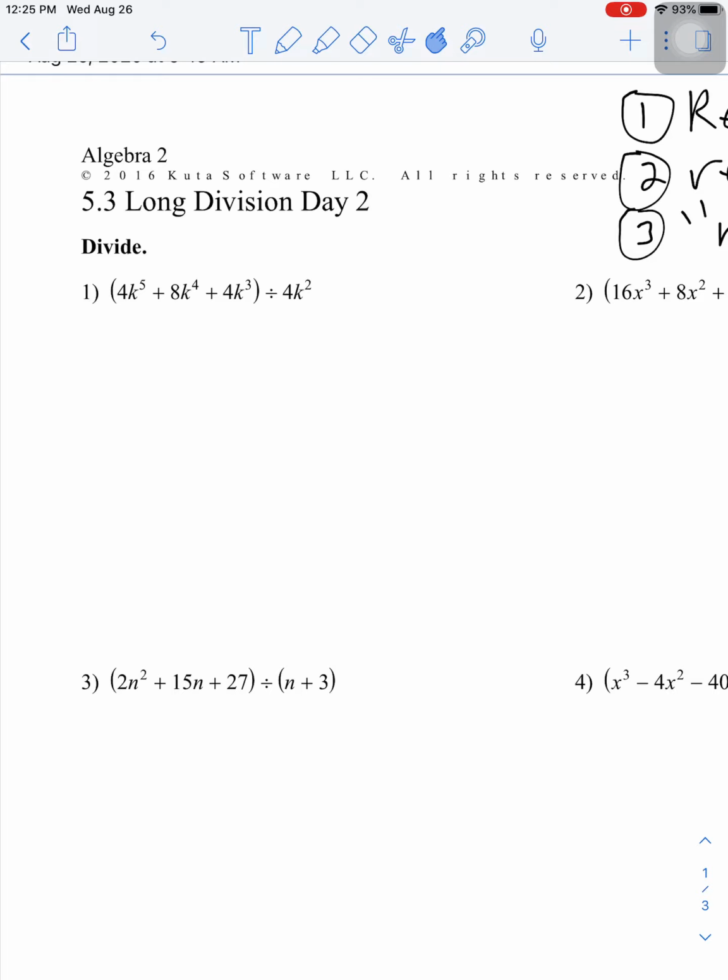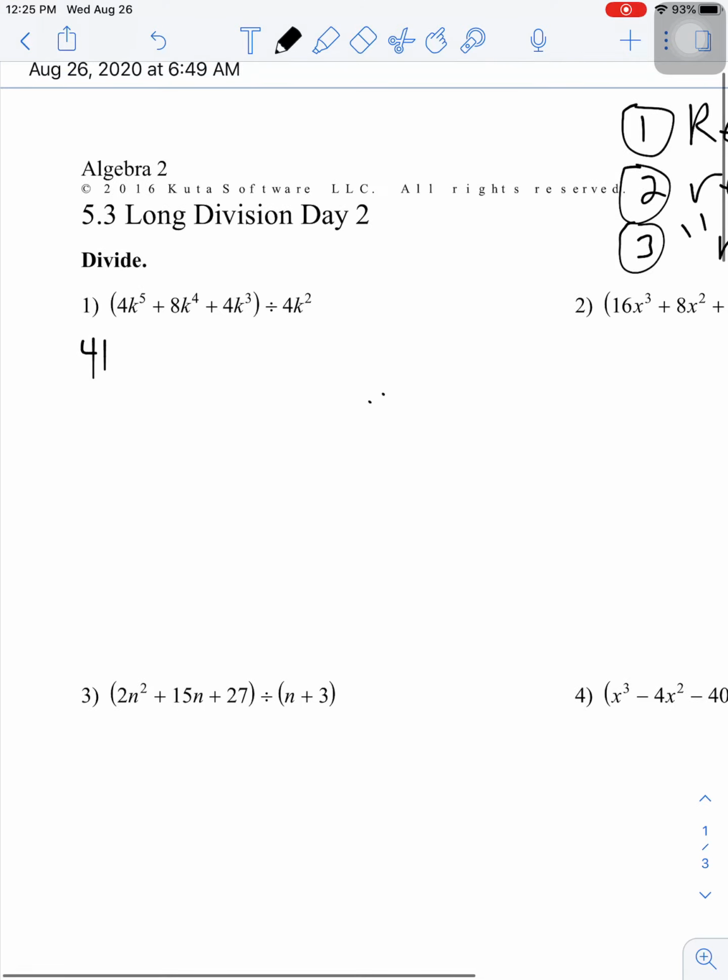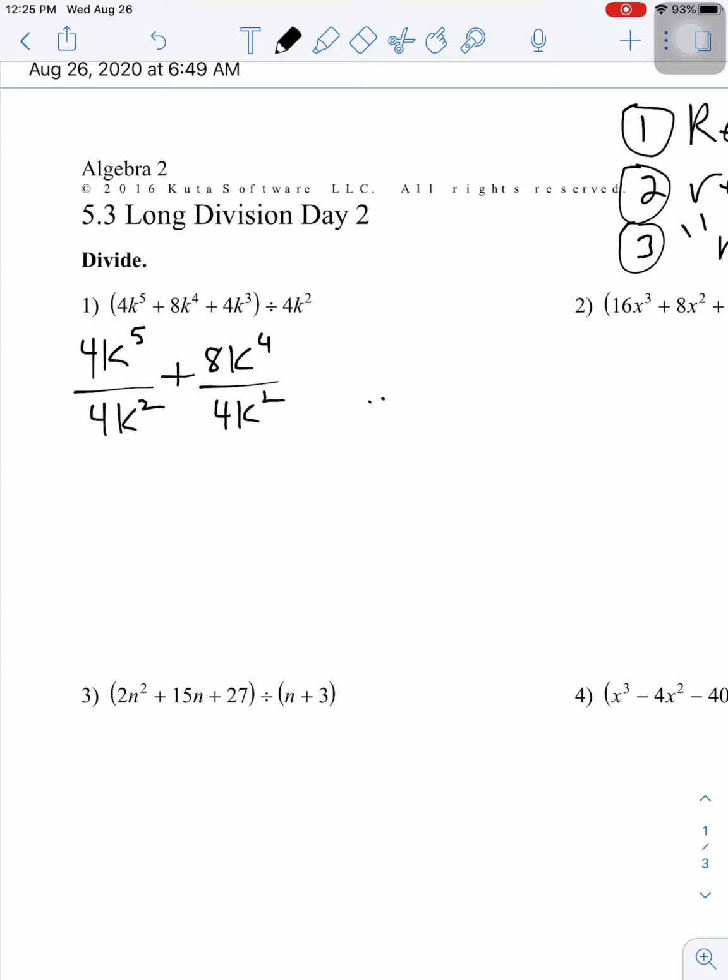This is a polynomial being divided by a monomial. As the note said yesterday, basically in this particular case, what you do is take each term of the polynomial and divide it up by the monomial and reduce.